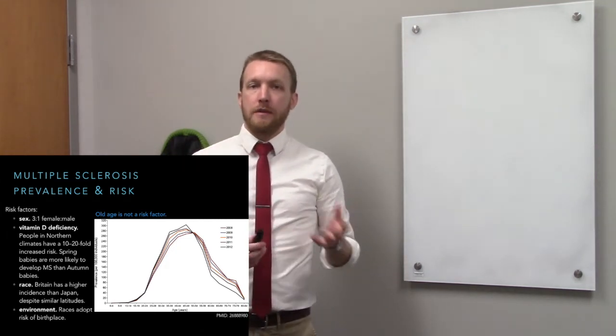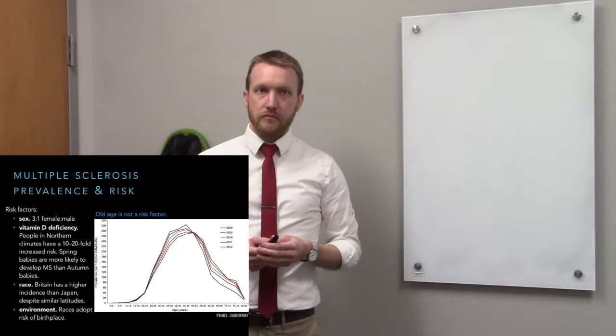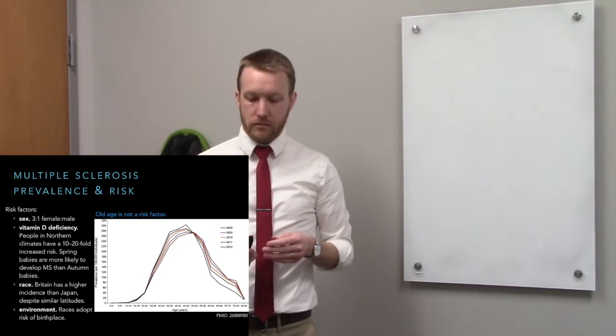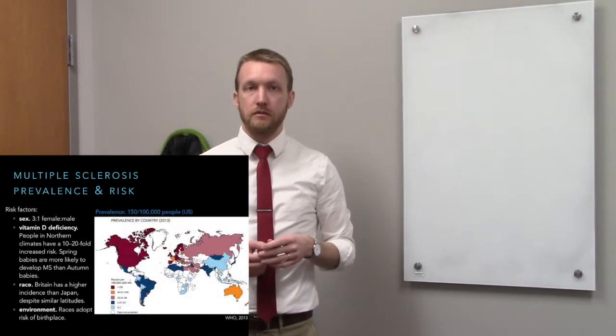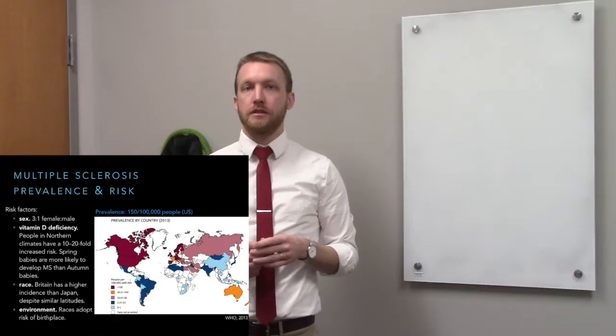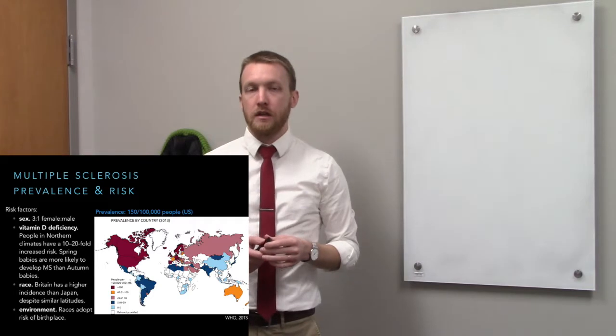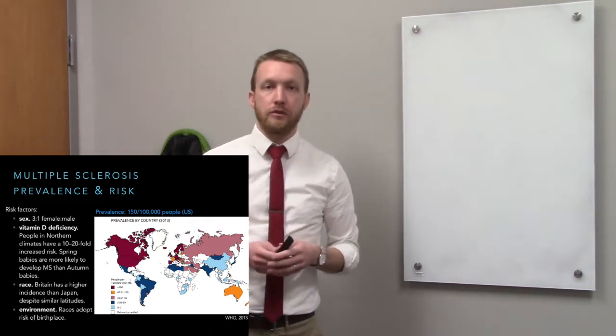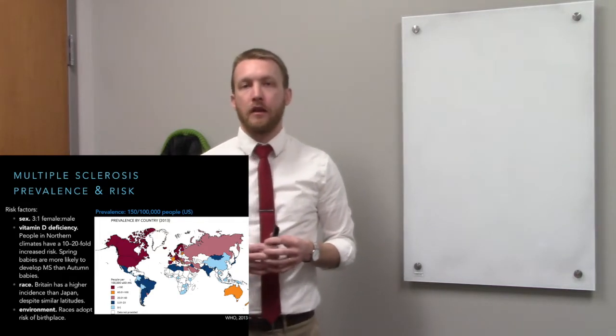MS is about 3 times more common in females, and it's far more common in areas that are far away from the equator, particularly those in northern climates, northern Europe, or the offshoots of them, which would be the US and Canada.